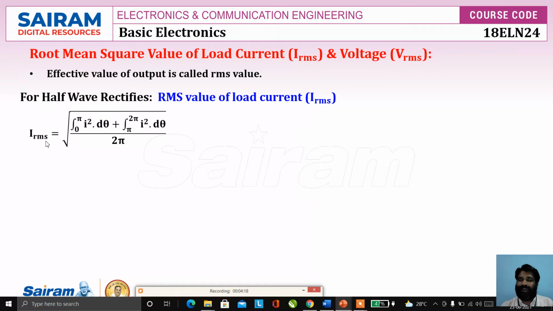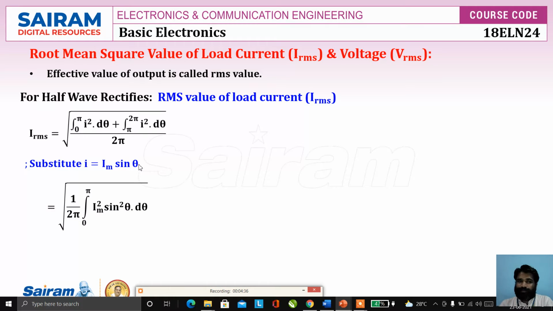So this is IRMS: square root of integration 0 to pi I squared d theta plus integration pi to 2 pi I squared d theta, divided by 2 pi. As you know, during pi to 2 pi the current is 0, so the second term is 0 and it reduces to the first term with Im substituted.